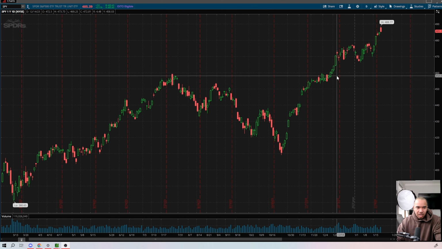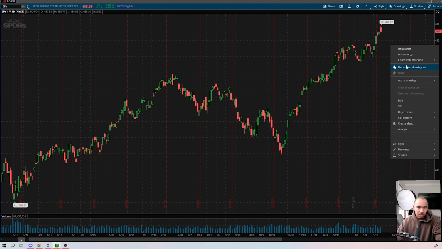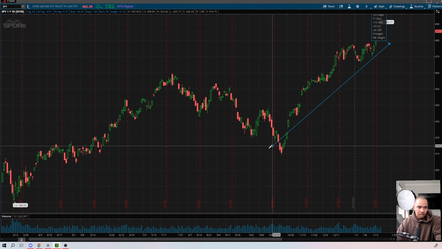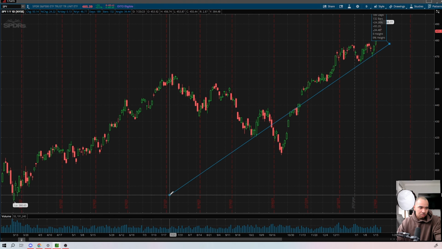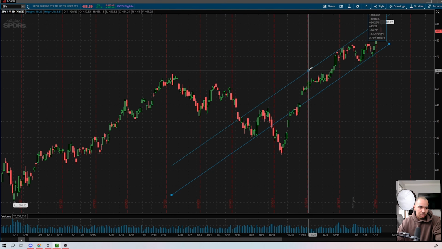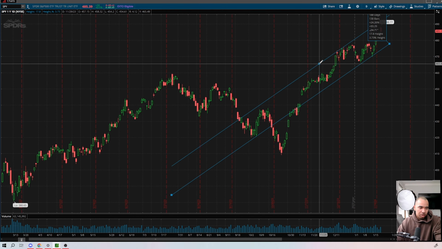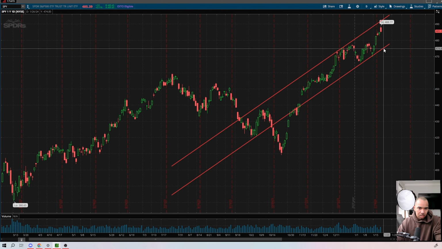So this is how the channels work. All right, let me draw this out for you guys here. I already have these settings on here. So right now, we are currently on an uptrend. I will draw this out for you so you can see. I'm currently on the daily. All right.